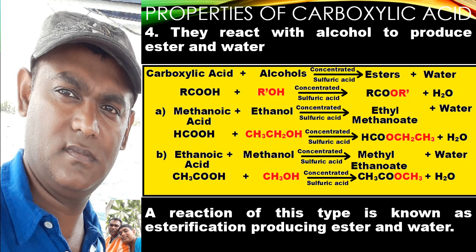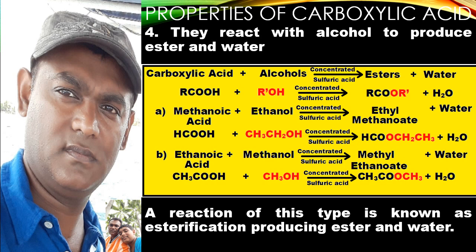Carboxylic acid reacts with alcohol in the presence of a few drops of concentrated sulfuric acid used as catalyst to produce esters and water. It can be represented by a general equation where carboxylic acid has been represented by RCOOH and alcohol with R'-OH in red.